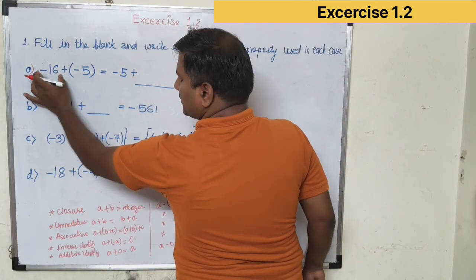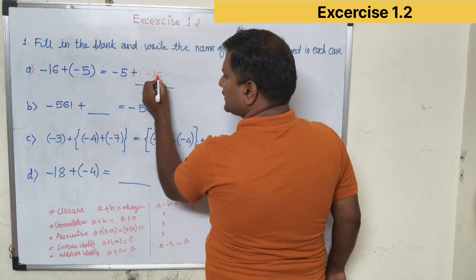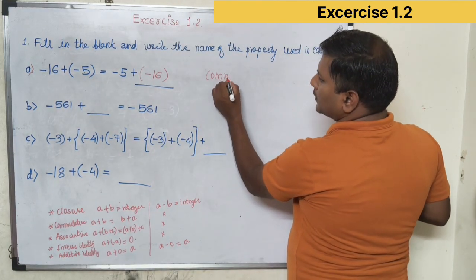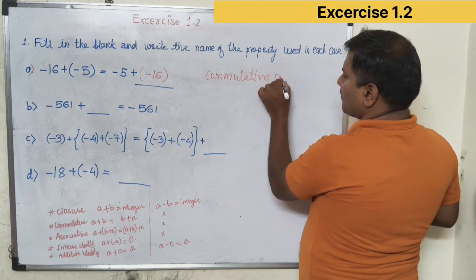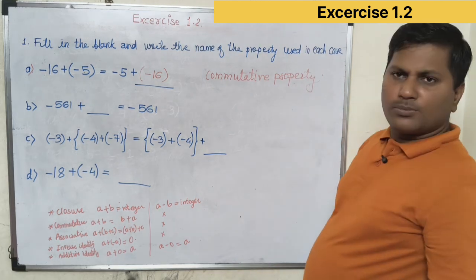So the a in the property, we can write here in brackets minus 16, and the property used is the commutative property. In the first case we used the commutative property.